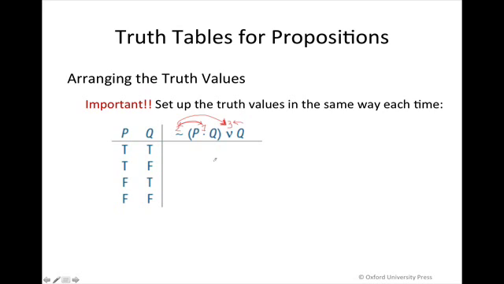So that means that we have a T in the first row or first line and false in the remaining 3. We then reject these values. False, true, true, true.